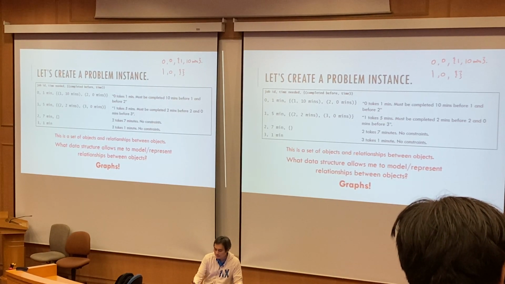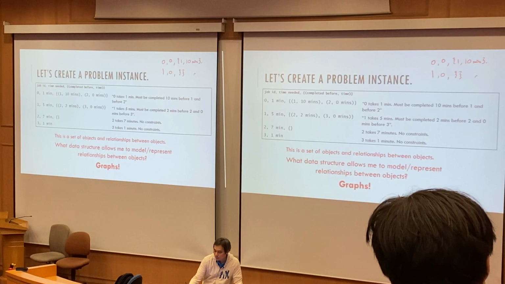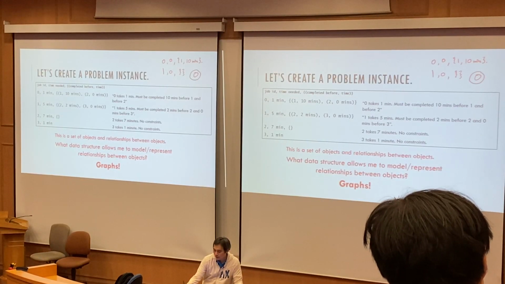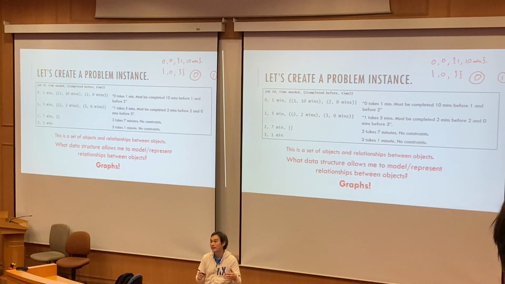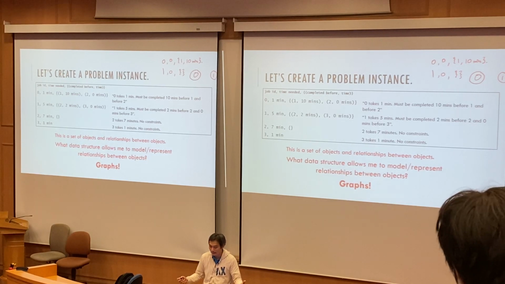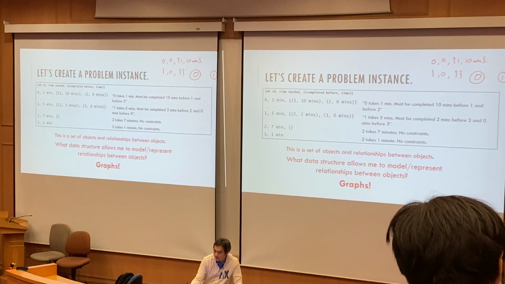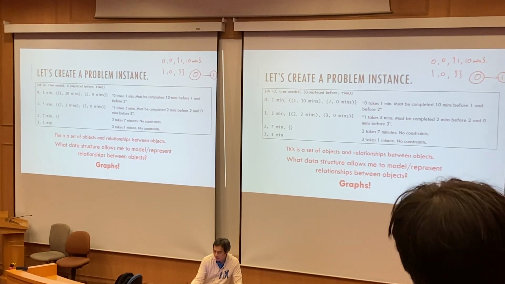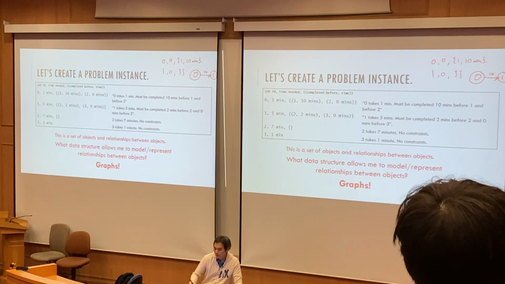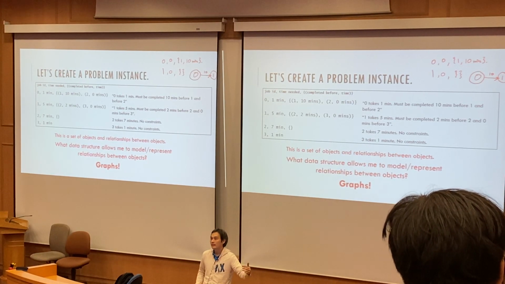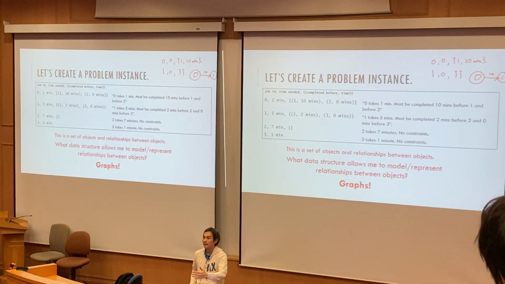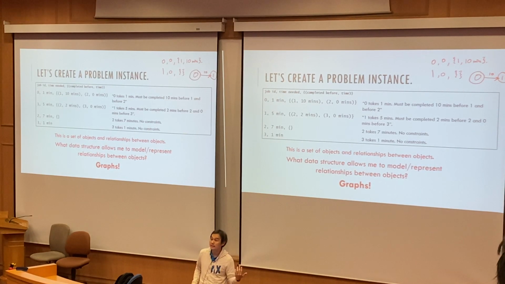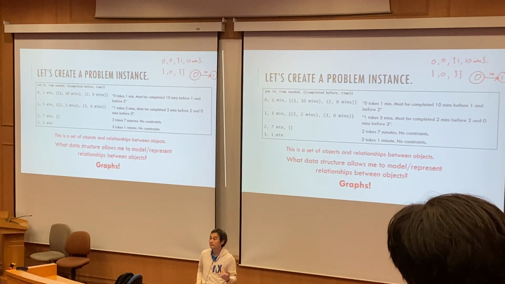So you know that job 0 and job 1 should have some dependency. So here, what we're going to do is say: job 1 must be executed 10 minutes after job 0.